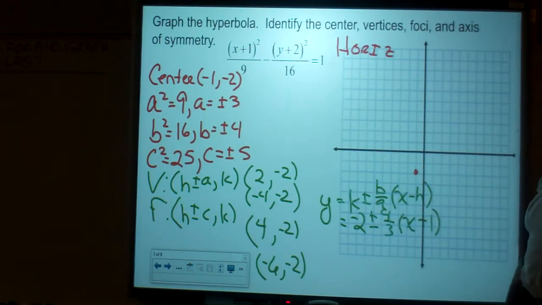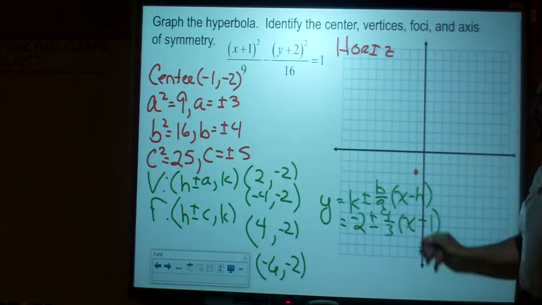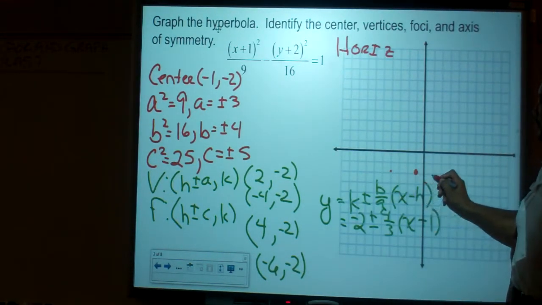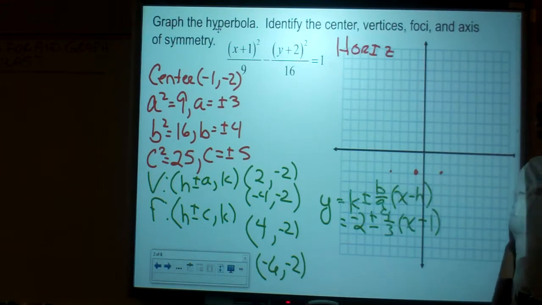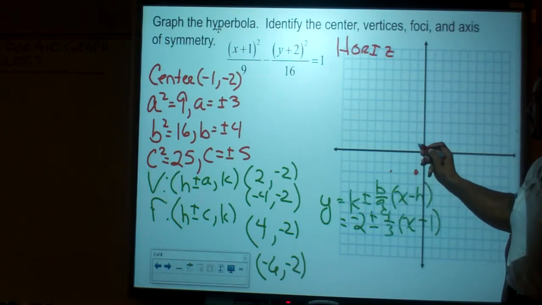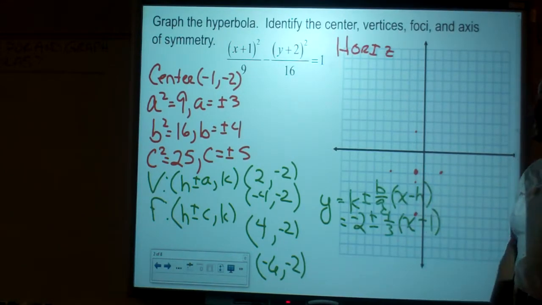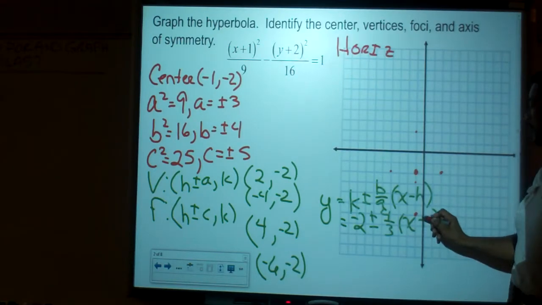So we're starting there. We're going to go on the x-axis, left and right 3. 1, 2, 3. 1, 2, 3. Then we're going to go on the y-axis, up and down 4. This gives us our basic box so that we can actually draw our hyperbola.